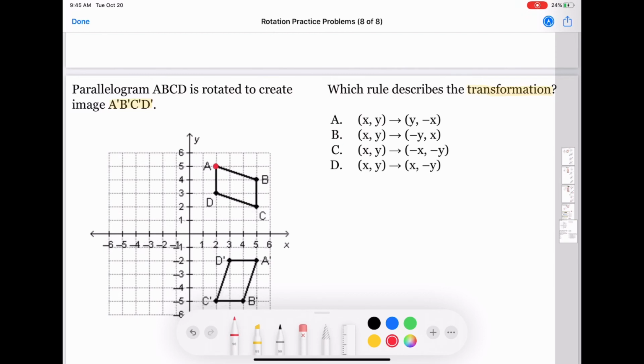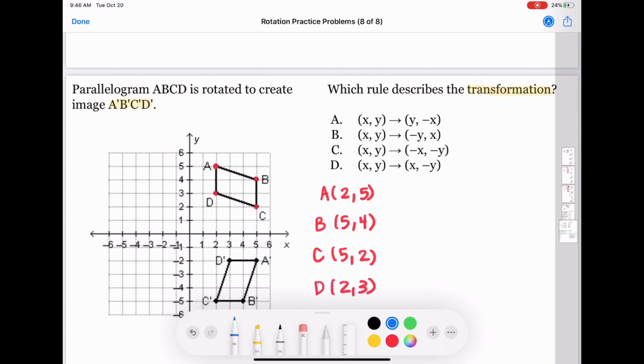So A is located at 2 and 5. B is located at 5 and 4. C is located at 5 and 2. And D is located at 2 and 3.